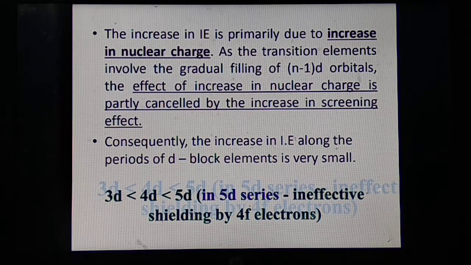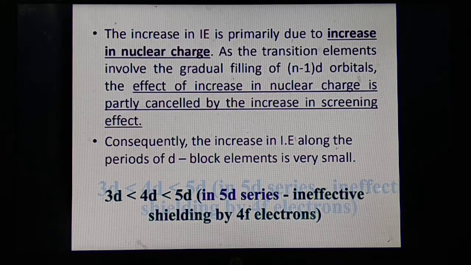Increasing ionization enthalpy is primarily due to the increase in nuclear charge. As the transition elements involve the gradual filling of electrons in the d orbitals, the effect of the increase in nuclear charge is partly cancelled by the increase in the screening effect.